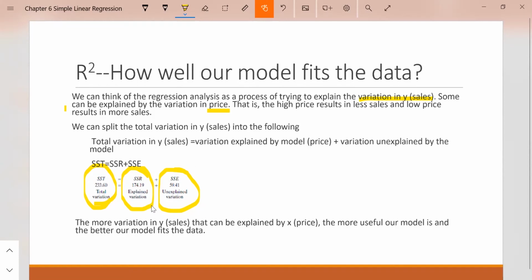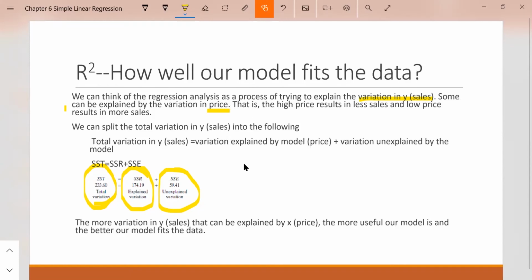Since we are taking price as the variable to include in our model, then it must mean that we believe price is the most important factor among all other factors, so that we decide to take this one out and use it in our regression.